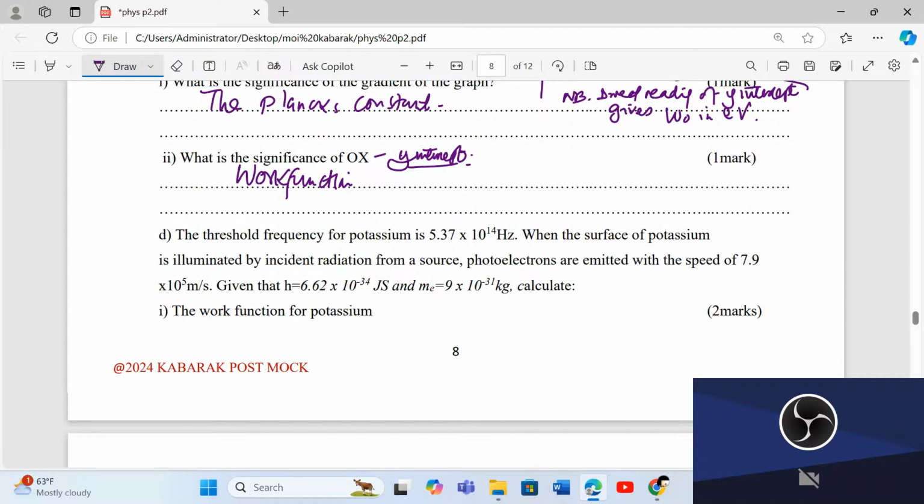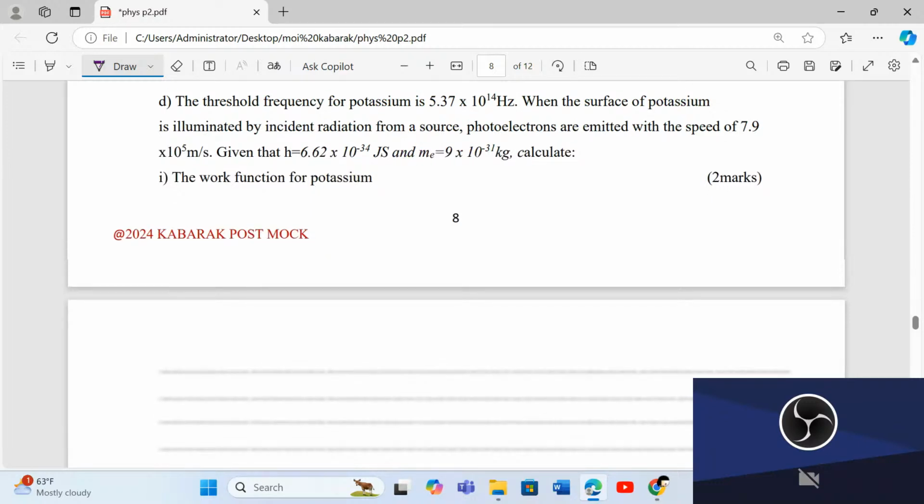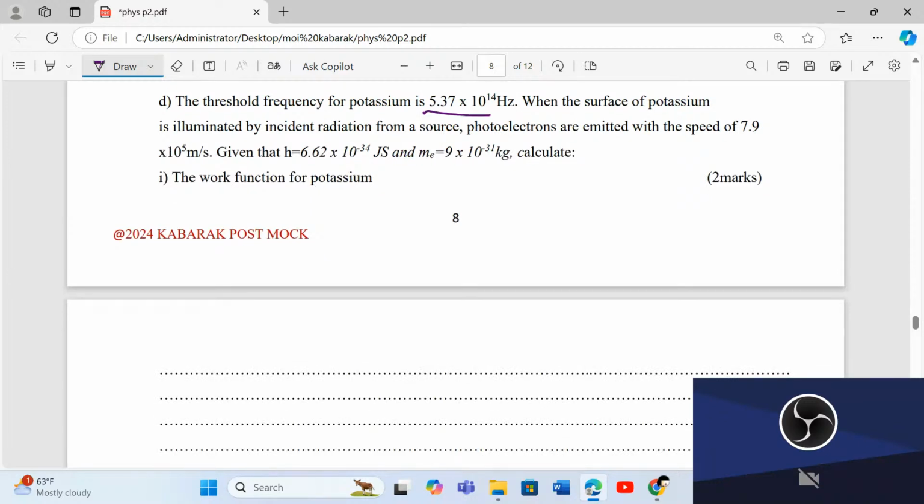You're told the threshold frequency for potassium is 5.37 times 10 raised to power 14. When the surface of potassium is illuminated by incident radiation from a source, photoelectrons are emitted with a speed of 7.9 times 10 raised to power 5 meters per second.